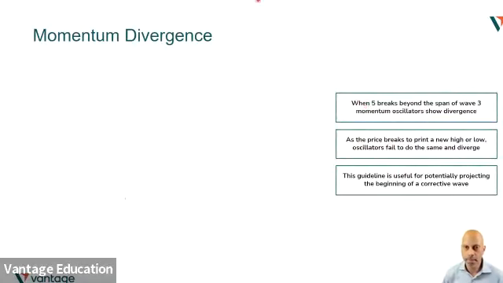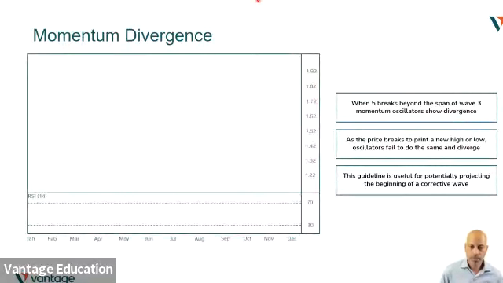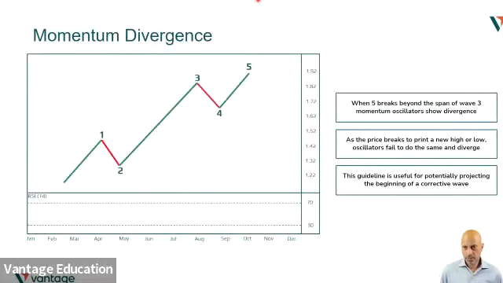All right, momentum divergence. This is something interesting which we will look at using a momentum indicator such as RSI. In this case, you can see price is making a higher high. Naturally, when you're in an upward, bullish trend, you're in the motive phase of the Elliott wave cycle, where price is generally going to make higher highs and higher lows.